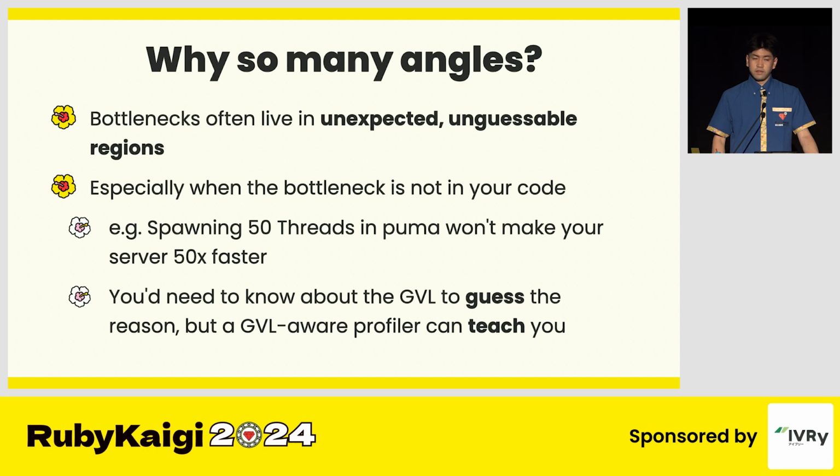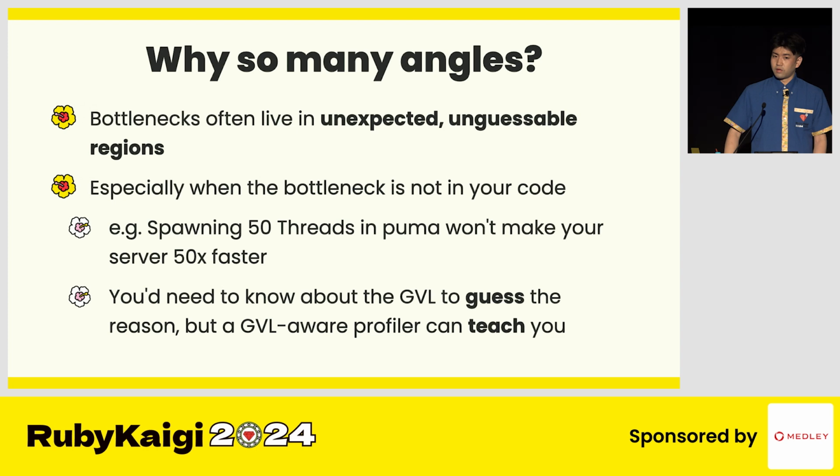Why do we need so many features in a profiler? This is because bottlenecks often live in unexpected and unguessable regions. We programmers tend to think that we can at least guess where the bottlenecks are, but that's not true in many cases, especially when the bottleneck is not in our code.